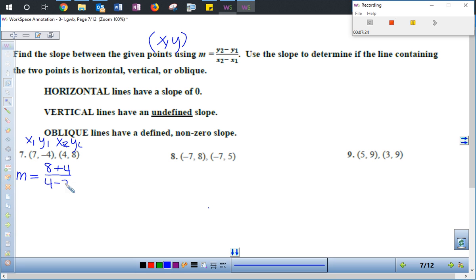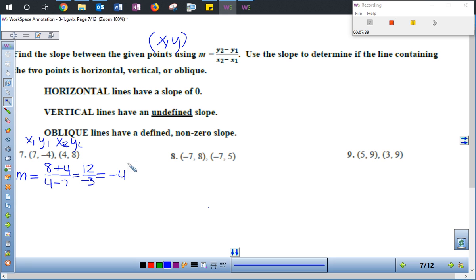So 4 minus 7. Now we can simplify. 8 plus 4 is 12, and 4 minus 7 is -3. 12 divided by -3 is -4. So the slope between these two ordered pairs is -4.